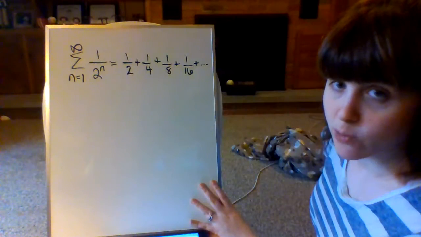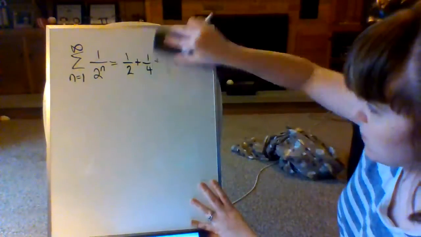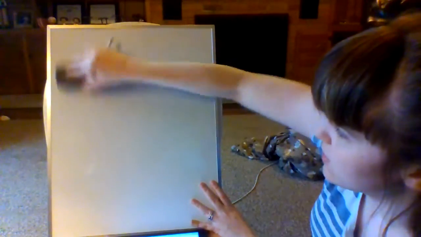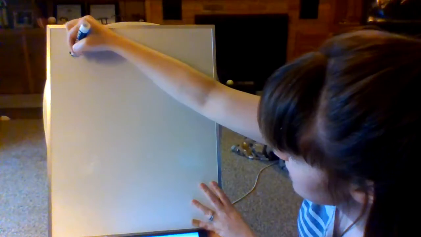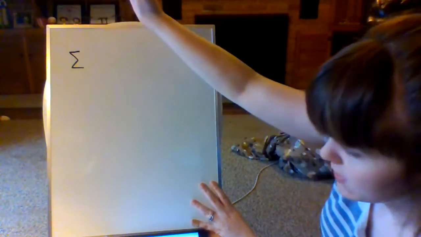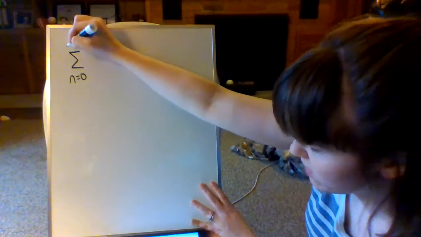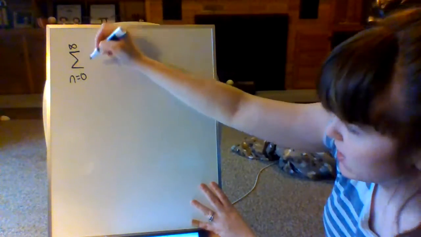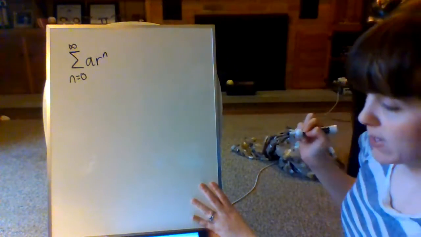Now we're going to look at a more generic example of a geometric series. So generically, geometric series are written like this. The summation of n equals 0, so you're starting at 0 all the way up to infinity, and a times r to the nth power.